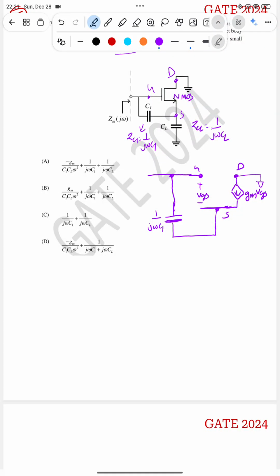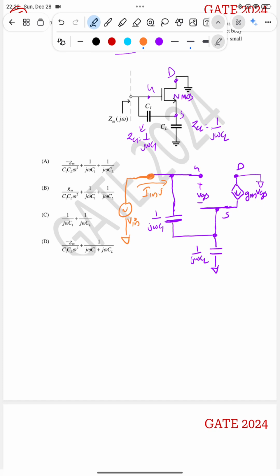And here, from the source end, I have a capacitance to the ground, that is equal to 1 by j omega CL. So how to find the input impedance? The simple method is, at this input, I will apply a voltage V in, and the circuit will draw a current I in.